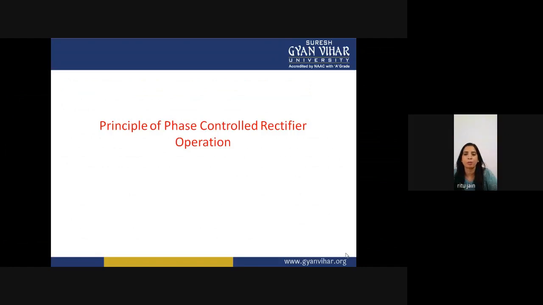I have already discussed in our last lectures that if you are using the word controlled in power electronics, you are using a controlled device which can be controlled by its gate terminal or by its voltage or current. Okay, so the principle of phase control rectifier operation is that we are using an SCR, GTO, or any other component. Basically, we generally use the SCR in a phase controlled rectifier.